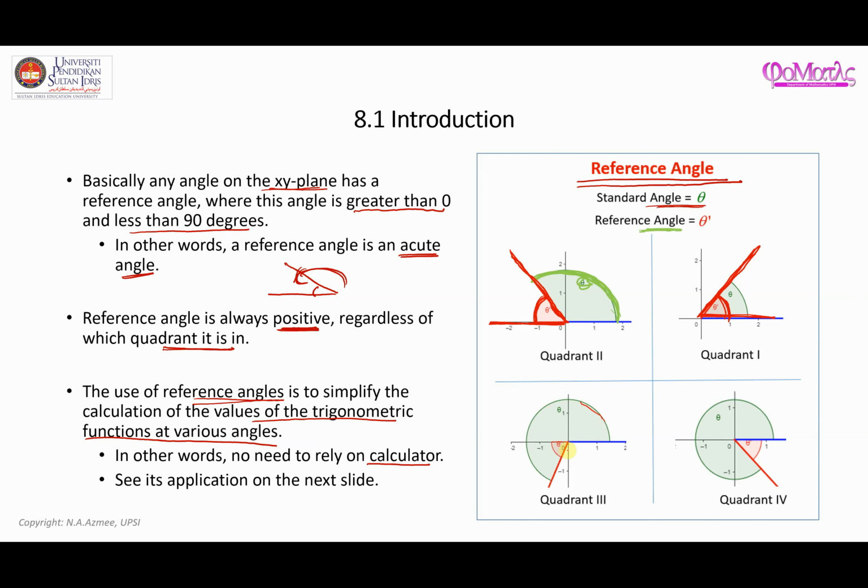So because of that, your reference angle will be on this side. So this is on the third quadrant. And finally, if let's say your standard angle is up to this point here, so now your reference angle will be on this side, on the fourth quadrant.